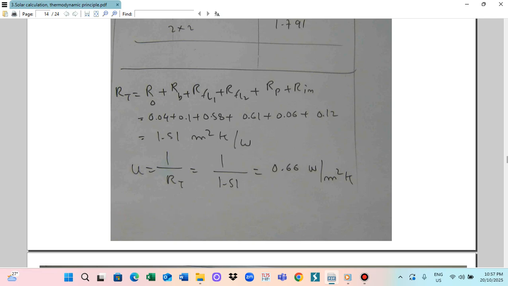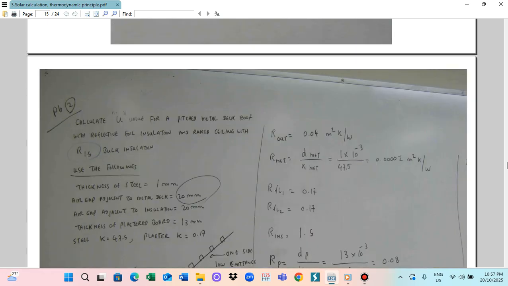The wall is vertical, so the position is vertical. The air movement, the direction of heat flow, is horizontal.